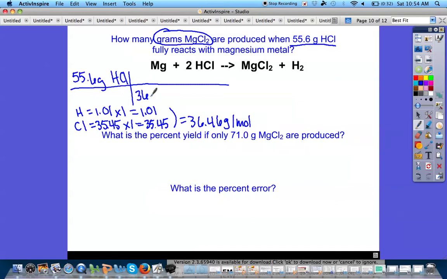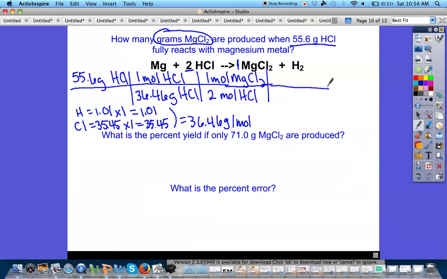So we're going to have 36.46 grams of hydrochloric acid on the bottom, 1 mole of hydrochloric acid on the top. Look to the chemical equation. Well, we have 2 moles of hydrochloric acid in the chemical equation. We want to go from hydrochloric acid to magnesium chloride. Well, there's 1 mole of magnesium chloride in our chemical equation. So then we need the molar mass of magnesium chloride.